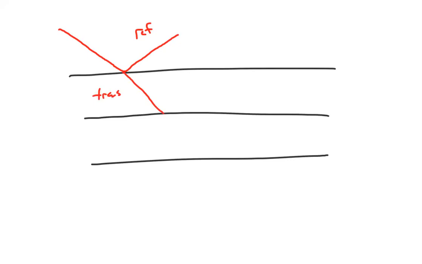Okay, and then what happens at each change of index of refraction. So remember, when we were discussing Snell's law, I let you all know that every time there's a change in index of refraction, even though it's not like a surface, like a wall or something like this, it still works as a boundary. And so light's going to be reflected off that boundary.